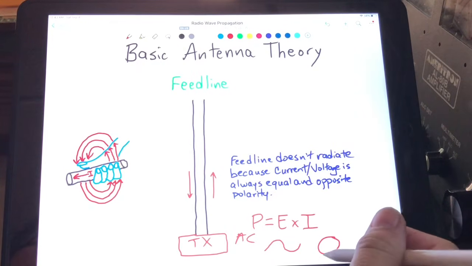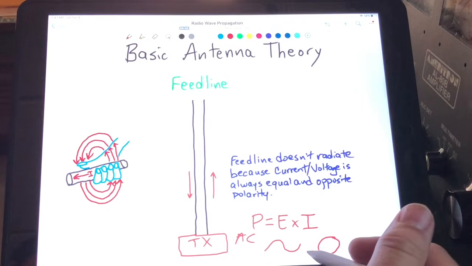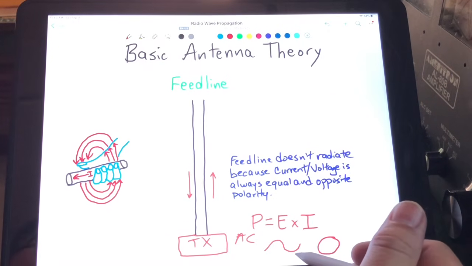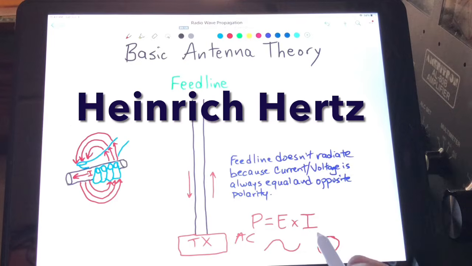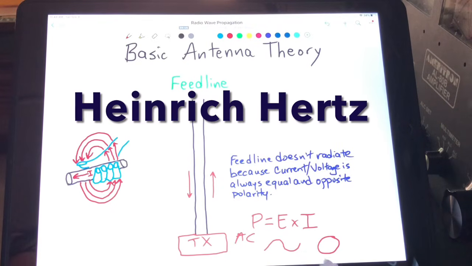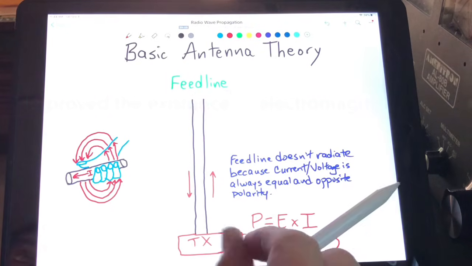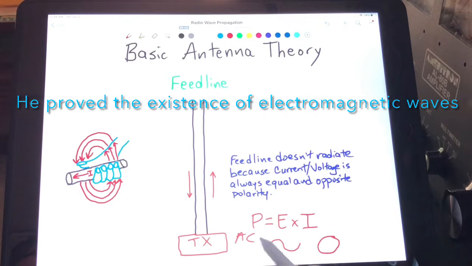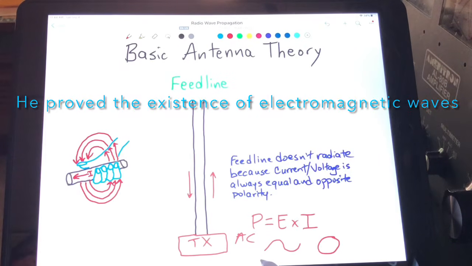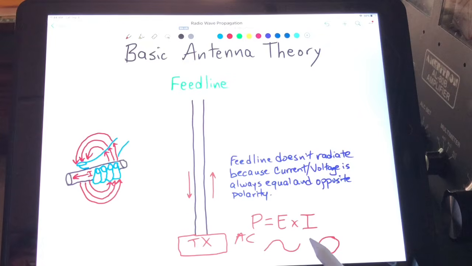Years ago, it was measured in cycles, believe it or not. It made sense, right? But in honor of Heinrich Hertz, who did a lot of research in the area of radio frequencies, we started referring to frequency in hertz instead of cycles. So you'll hear megahertz today, where years ago you would hear megacycles.